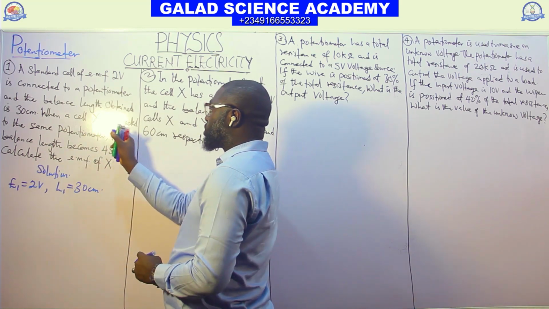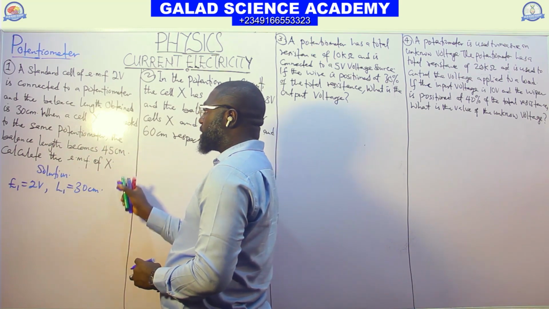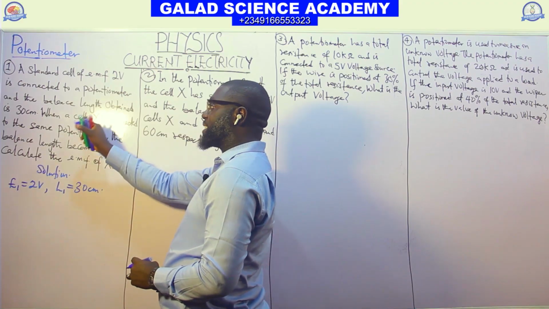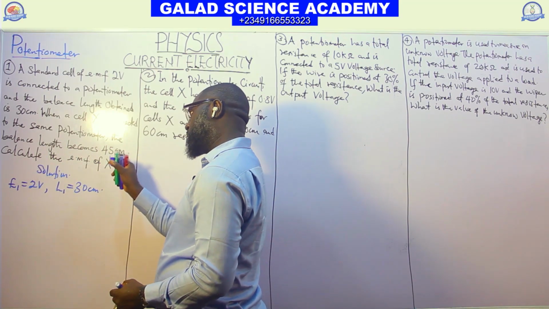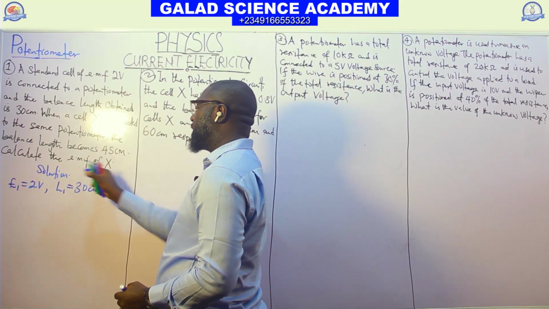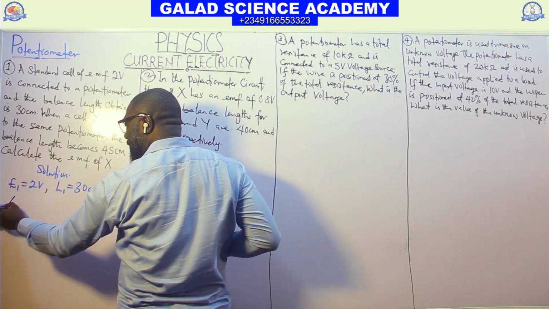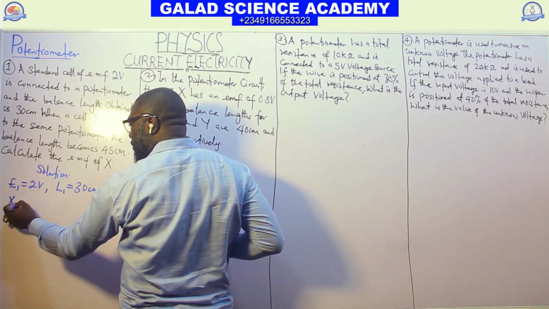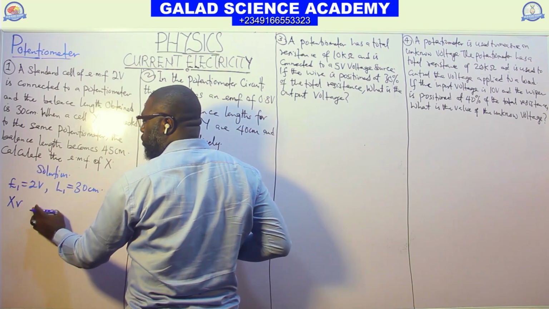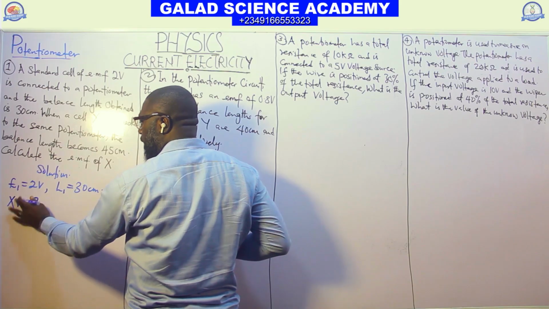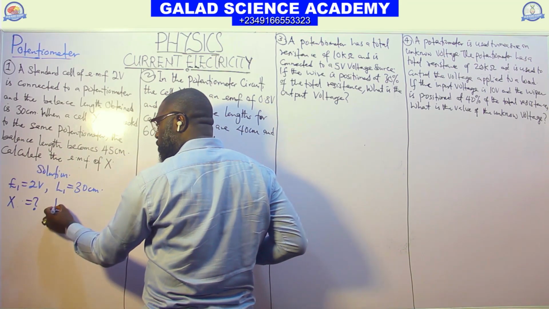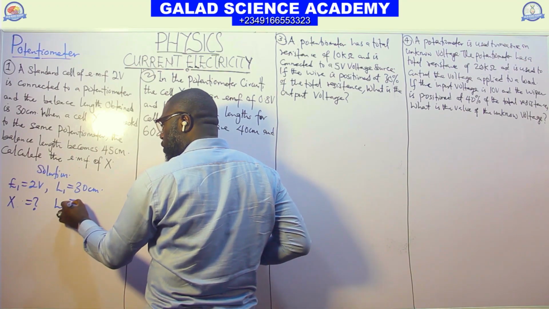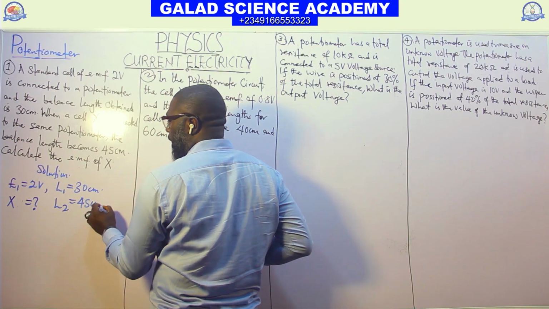When cell X is connected to the same potentiometer, the balance point is 45 centimeter. Calculate the EMF. So when the cell X is connected to the potentiometer, the value is unknown, but the length of it is L2, which is 45 centimeter.